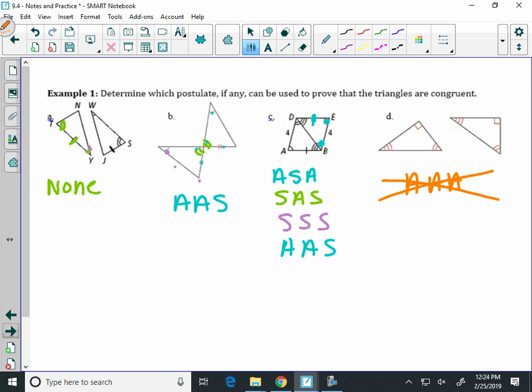They didn't indicate anything about any one of those sides being the same. So you just can't assume things. Angle, angle, angle does not work. Can't use it. You have to have at least one of those sides saying that they're the same to conclude that they're congruent. Questions over that?